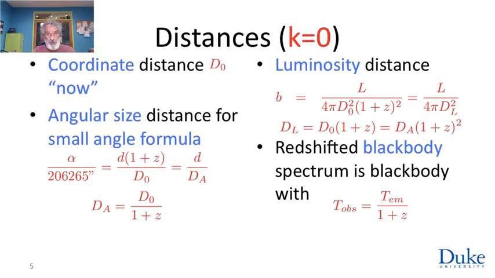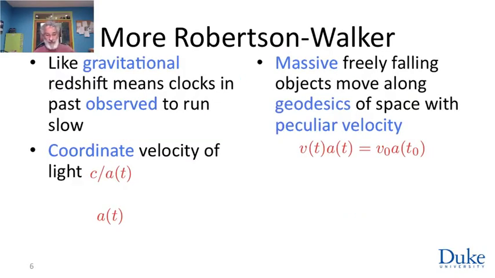Now, one more thing about the kinematics of relativity. We talked about the redshift that tells you that all clocks run slow. That was the second factor of 1 plus z. The coordinate factor, velocity of light. I said light moves relative to every observer with speed c.